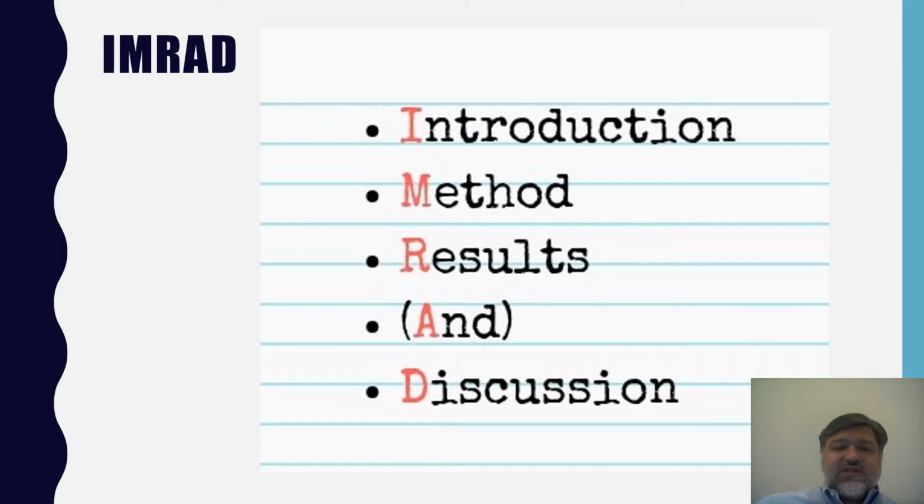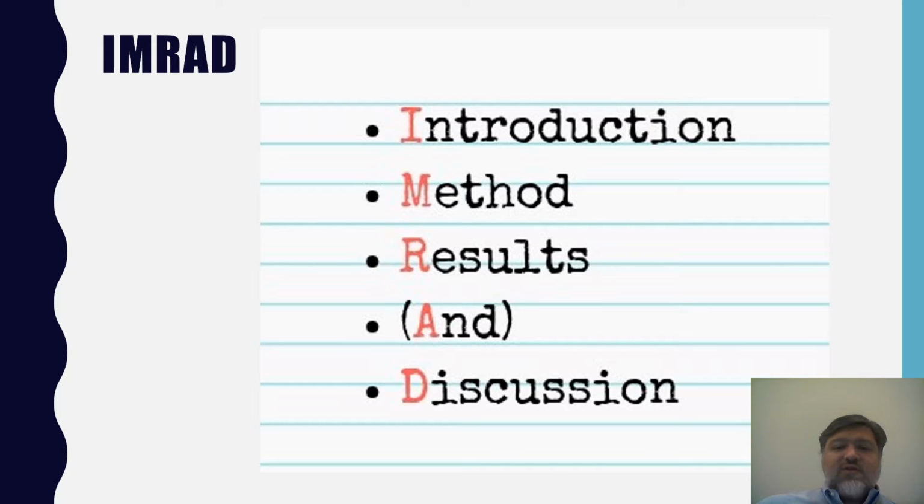In the results sections, many times students will find the findings or the results from the analysis that was designed in the methods section. And then finally, in the discussion section, authors will discuss the findings and how they apply to their field and whether the findings match their hypothesis or their statement of the problem.